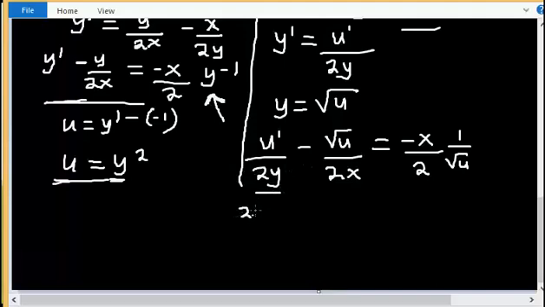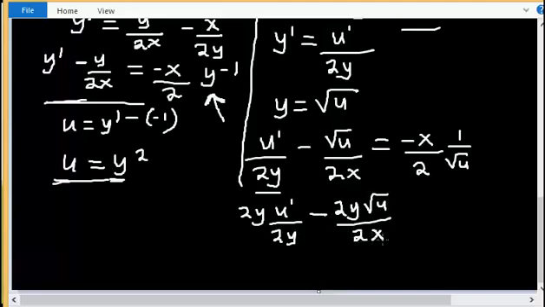I'm going to multiply 2y by u prime divided by 2y, then minus 2y multiplied by the square root of u divided by 2x, equal to minus 2yx all over 2 times 1 all over the square root of u. So let's proceed.